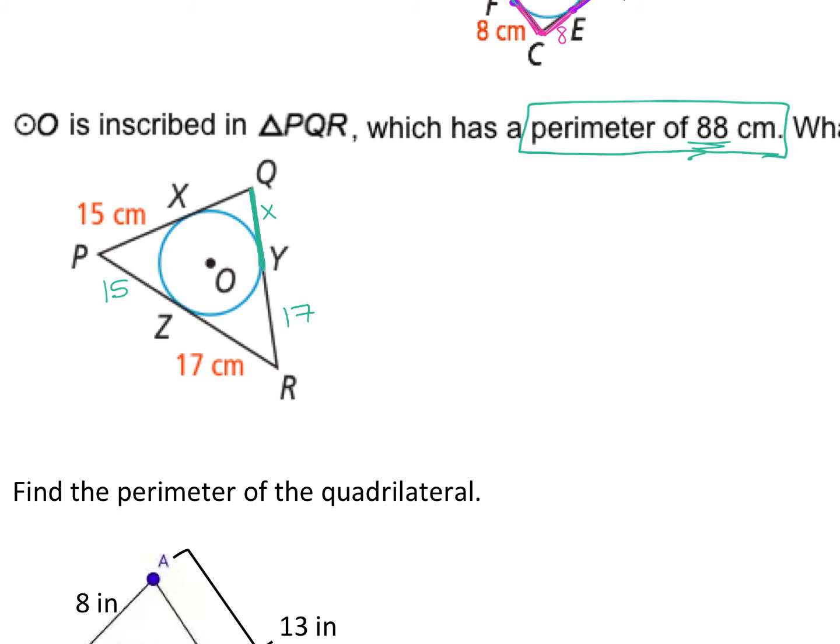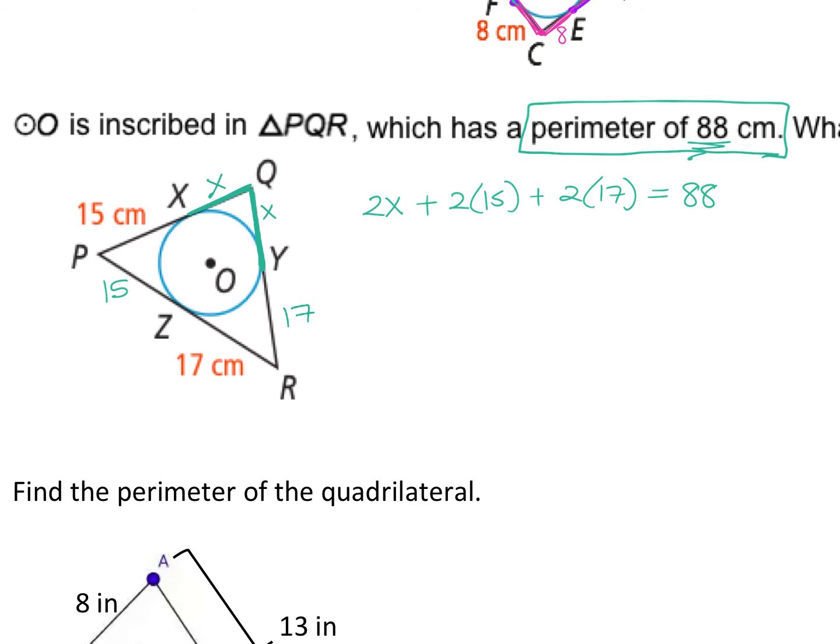Yes, this XY, QY, sorry, and this QX have to both be taken into account. We don't know either one of them, so call them both X. So it's going to be 2 times the X's plus those two 15s plus the two 17s should equal what? The perimeter they gave you, 88.